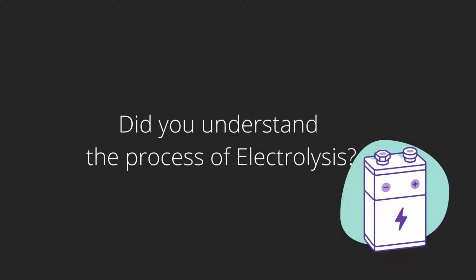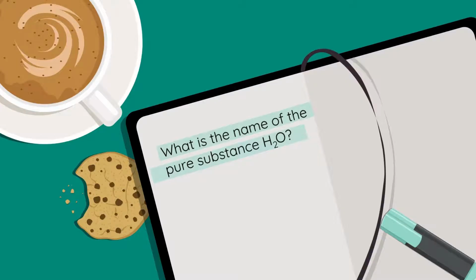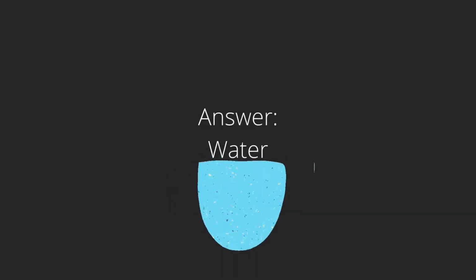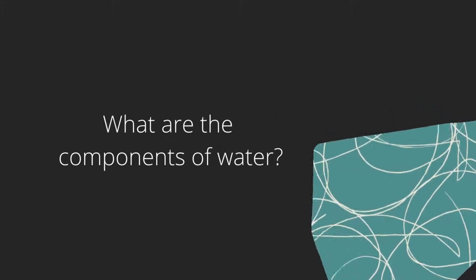Did you understand the process of electrolysis? Good! Let's put it to the test. What is the name of the pure substance H2O? Great! Next question. What are the components of water?